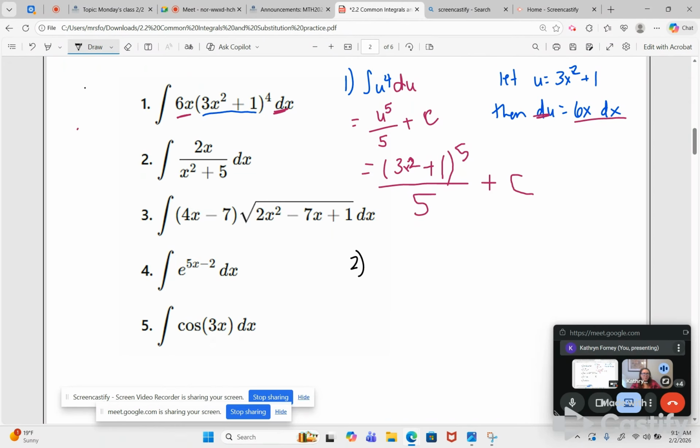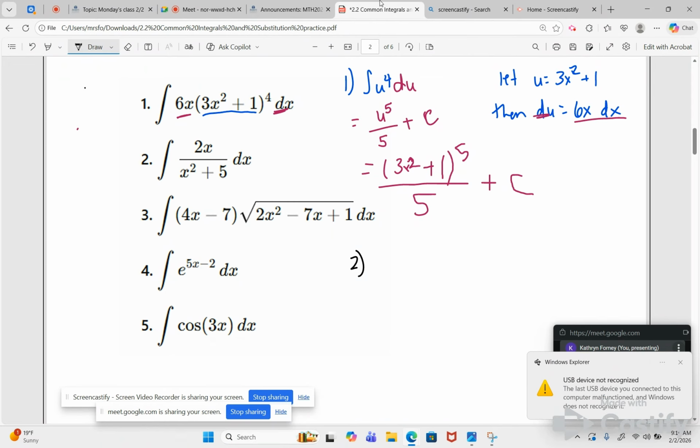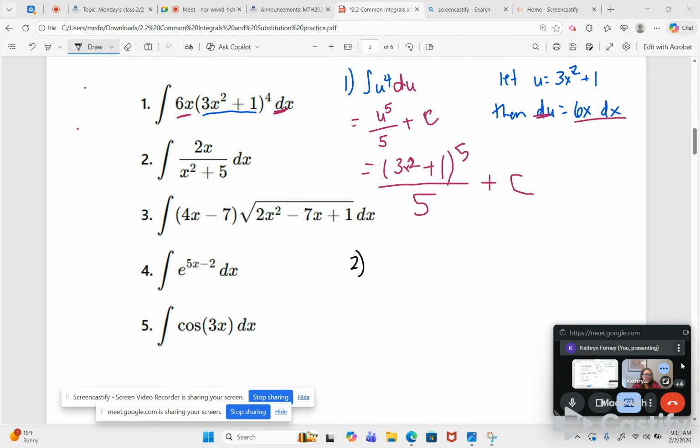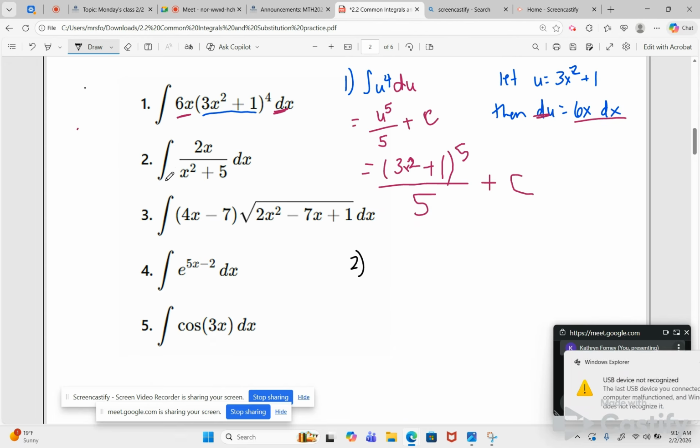Now for number 2, we need to identify the inside function. One of the things that helps with identifying the inside function is to ask yourself, which one, if I take the derivative of it, is also within the problem? When I'm looking at number 2, I see that this x squared plus 5 is in the denominator.